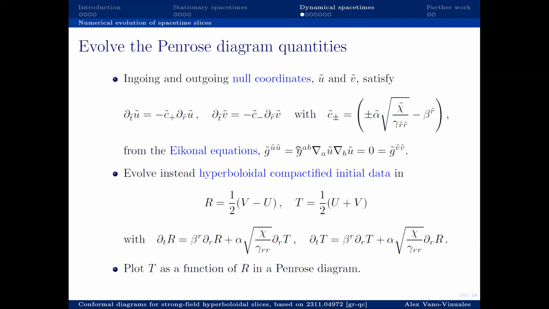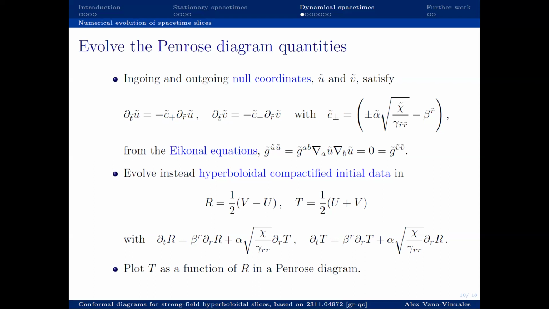And these actually split into advection type equations. So one for the retarded time u tilde. The first line here is in terms of all of the uncompactified, unhyperboloidal quantities, so this is just your retarded time and your forward time. And here these C plus minus are the physical propagation speeds.